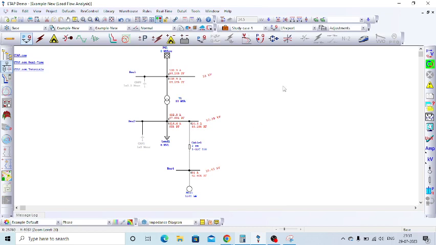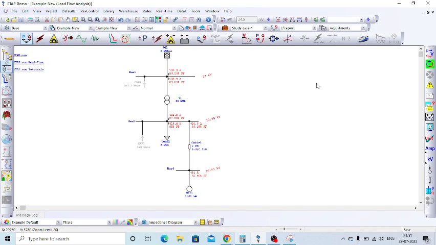RTCC or some transformer voltage controller panel will be there. For that panel, what it will do is monitor the bus voltage. Suppose you want to regulate the bus voltage at bus number 2, so that particular RTCC will monitor the bus number 2 voltage.